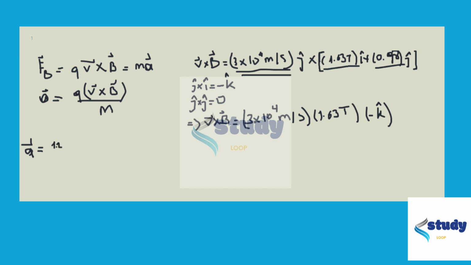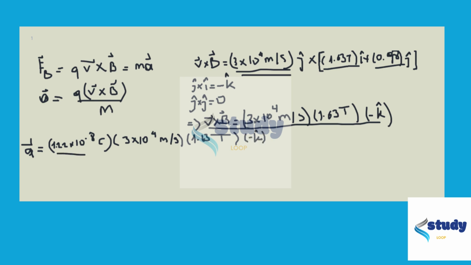That is given to us as 1.22 times 10 to the power of negative 8 coulombs times the V cross B, this entire term here, 3 times 10 to the power of 4 meters per second, 1.63 Tesla, negative K hat, over the mass, which is given to us as 1.81 times 10 to the power of negative 3 kilograms.